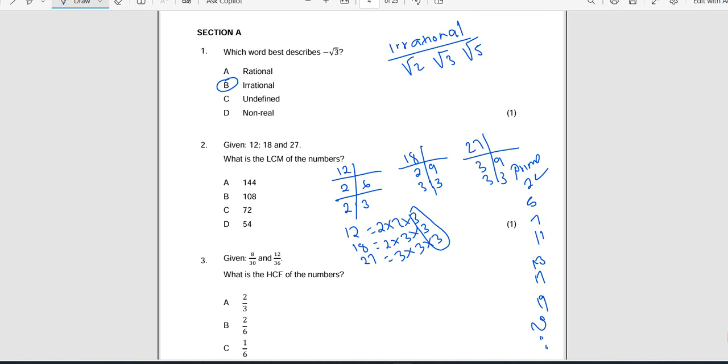It's gonna be 3. And then the LCM, it's gonna be 3 times, we're gonna multiply everything that is left.